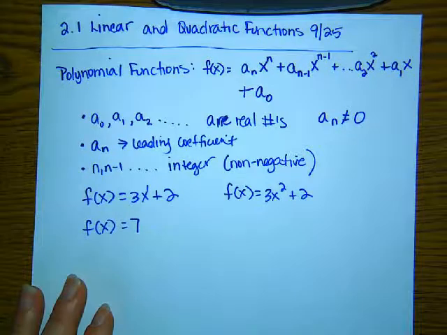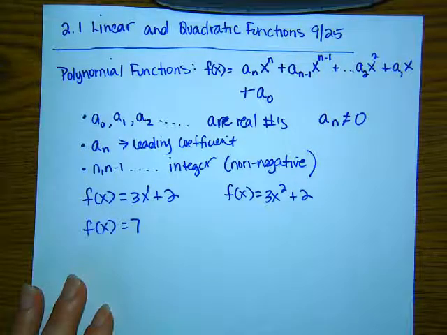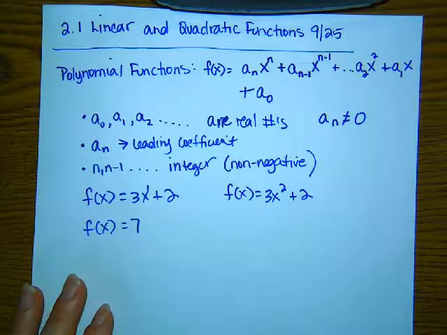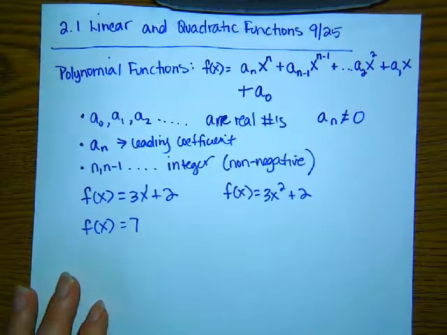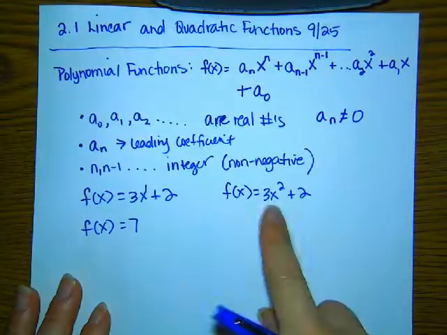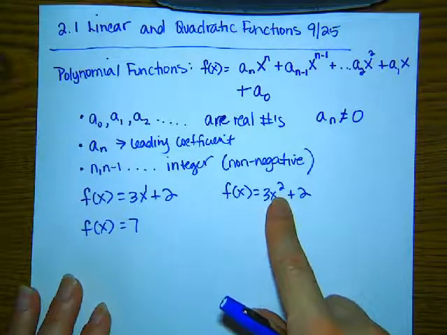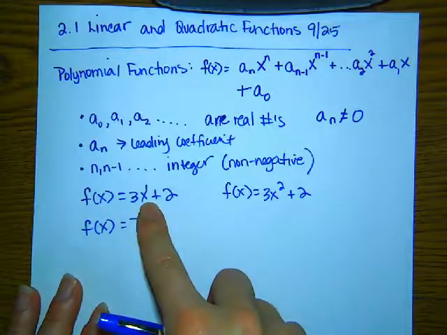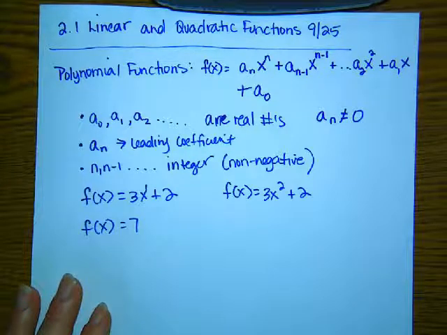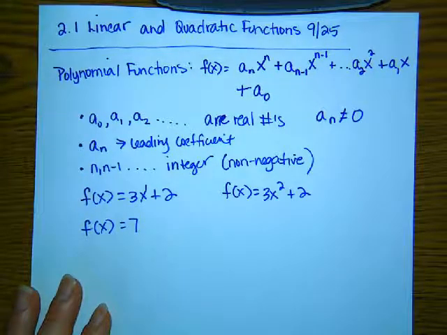That's a horizontal line. Okay, so this was x to the second, it's degree 2 when I listed it in order. This was x to the first, degree 1. What do you think? Any guesses? Degree 0, yeah.